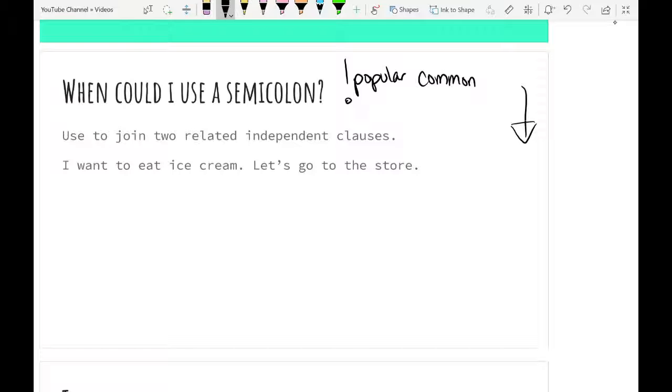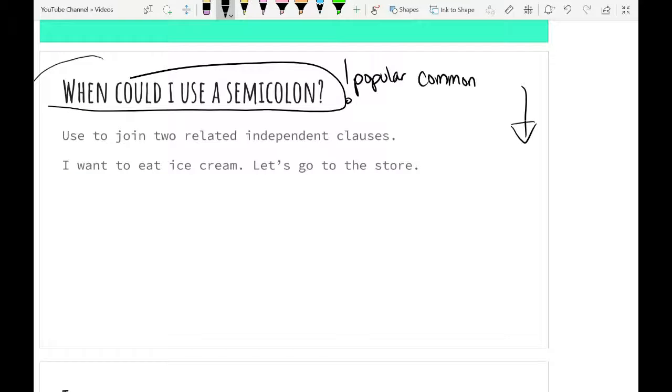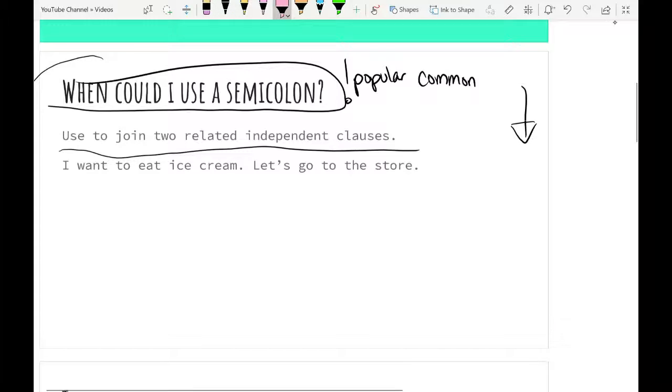Okay, so when can I use a semicolon? We're going to use it to join two related independent clauses. Now again, let's quickly review. An independent clause is a clause that has a complete thought. Very important, this idea of a complete thought or idea.